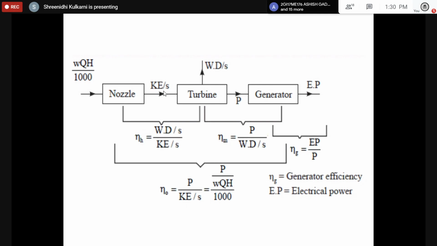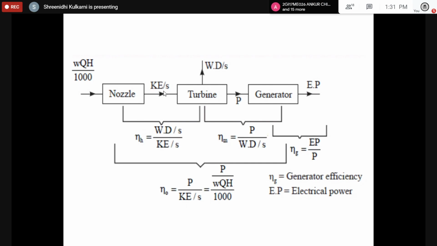Simply, we can call it the quantity of water striking to the water supplied. So it gives the volumetric efficiency of the hydraulic turbine.